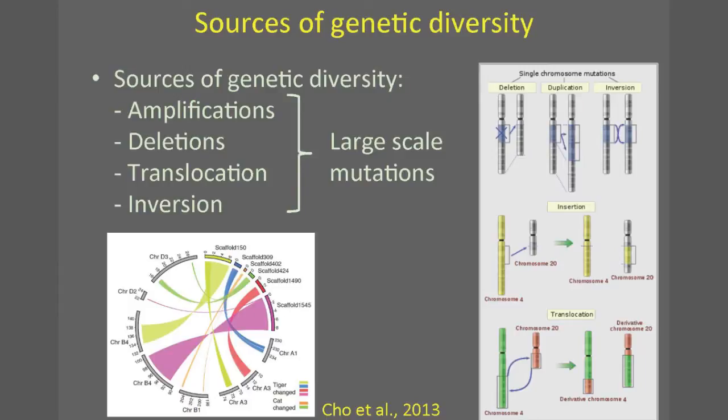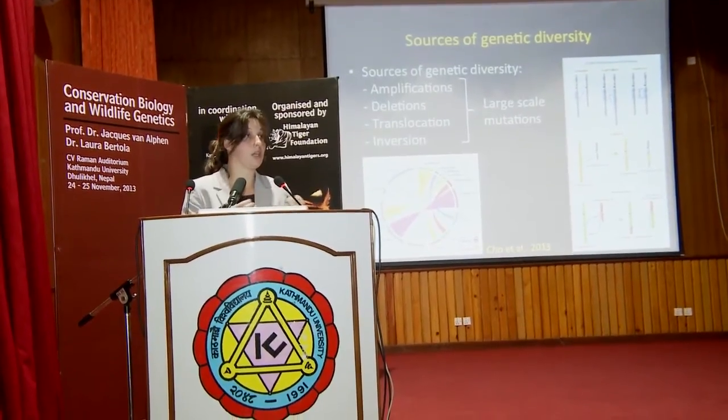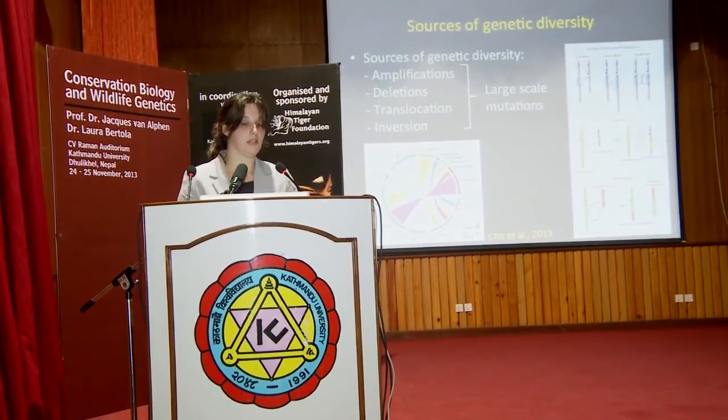And earlier this year, just about 2 months ago, the tiger genome was published. What they did is they compared the tiger genome with the cat and the dog genome, and they were screening for these large-scale changes in chromosomal structure. The circular figure illustrates this, because it shows that those parts that were, for instance, found in the tiger as being one chromosomal entity, belonging together, were not found to be a chromosomal entity in, for instance, cat or dog.